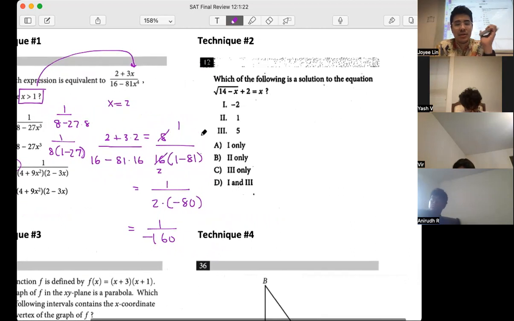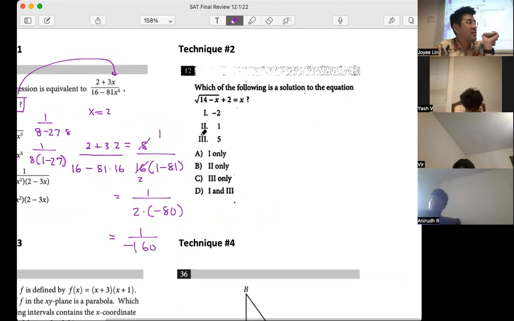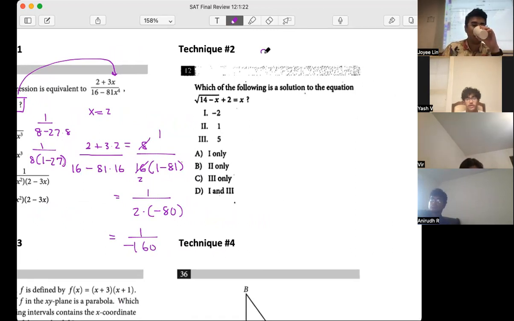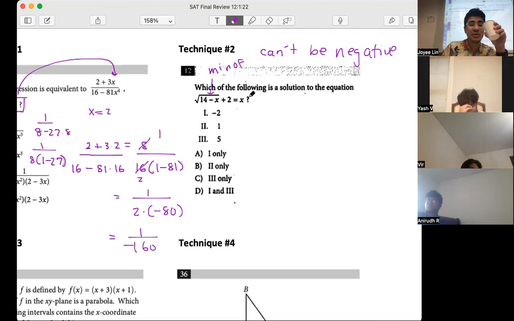Okay. Technique number 2. What do we do on this one without necessarily doing too much math? Because the math way is actually harder. It has to be only number 3 because if it's square rooted, it has to be a minimum of 0, and then you have to add 2, so x has to be greater than 2, right?